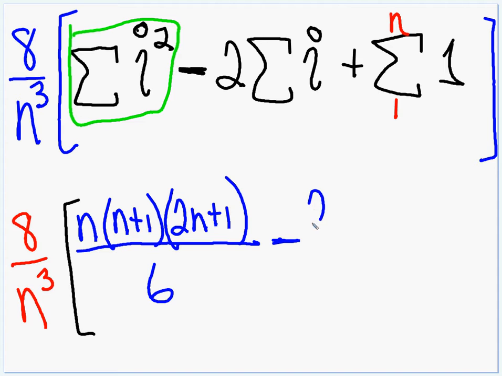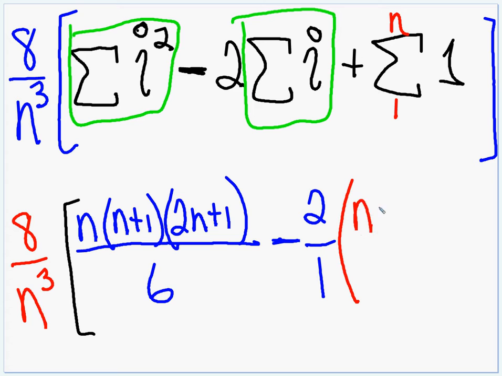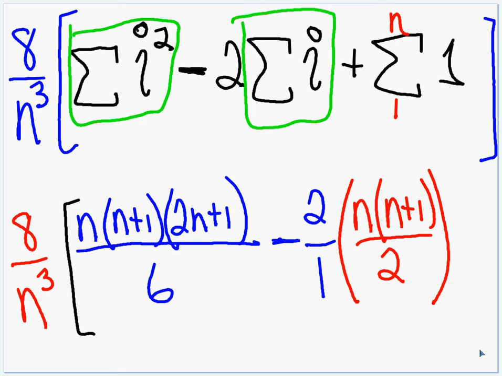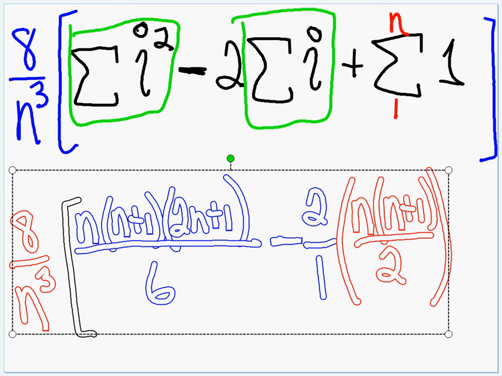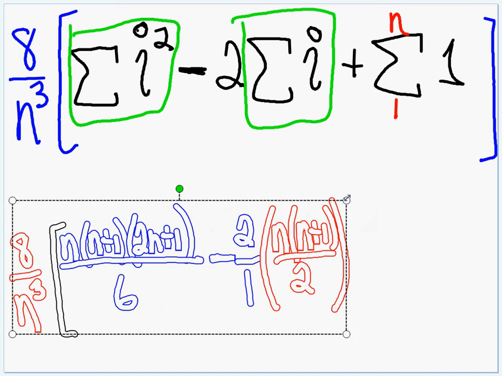Minus, we've got a 2. I'm going to write that as 2 over 1. And then we've got this summation of i. Well, we've got a formula for that. That is n times n plus 1 all over 2. I wrote just a little too big, but I can shrink it up a little bit.